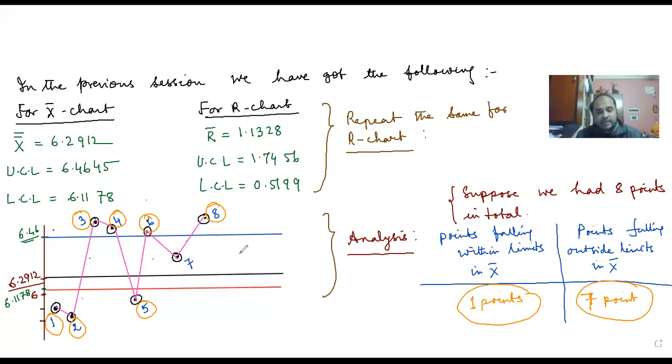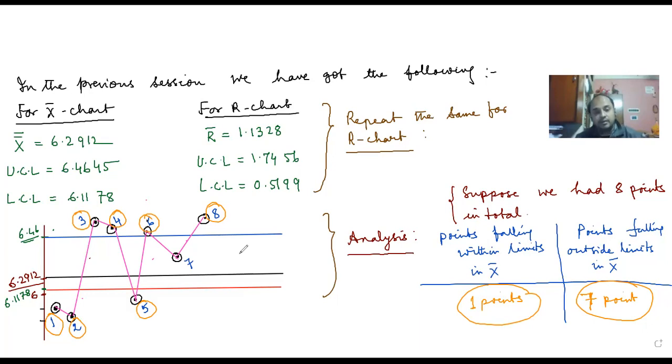Now, if you are doing statistical quality control for your company and you have a chart where the majority of the points are falling outside the control limits, then theoretically this scenario is very bad. That means your company is manufacturing items of low standard, and no company wants to project itself to the community as producing low category items.